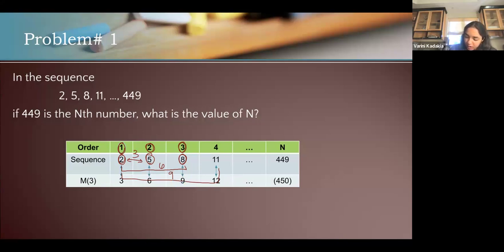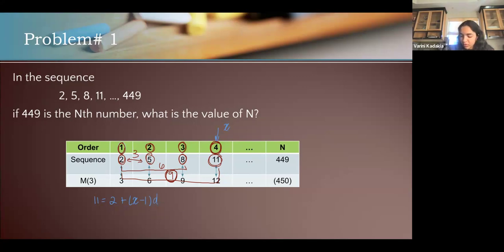So you see how this order number correlates with how many times you multiply by 3 to get the next number? So to get 11, you do 11 equals 2 plus x minus 1 times d, right?